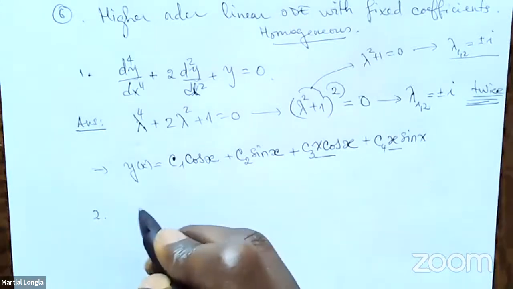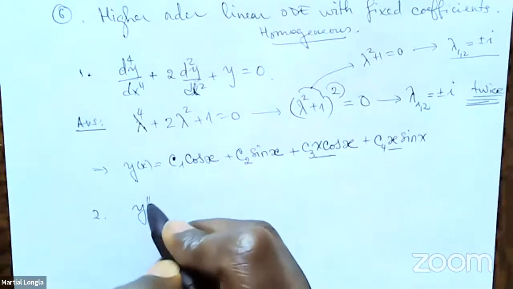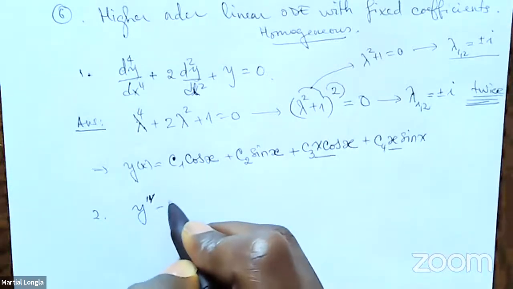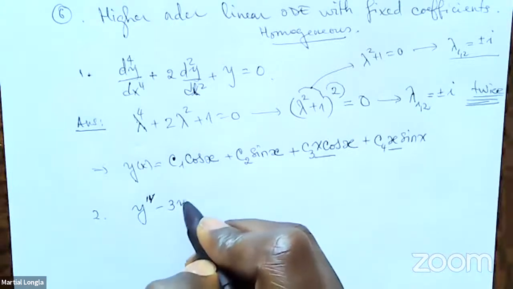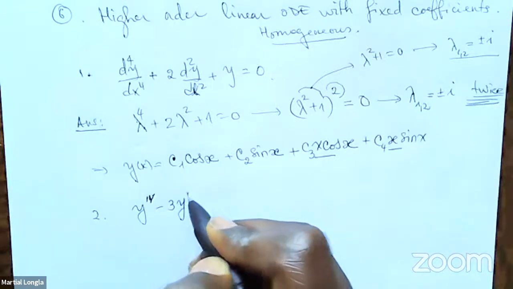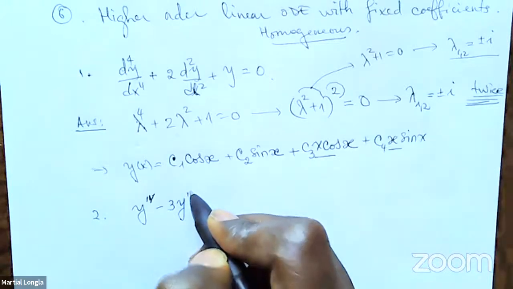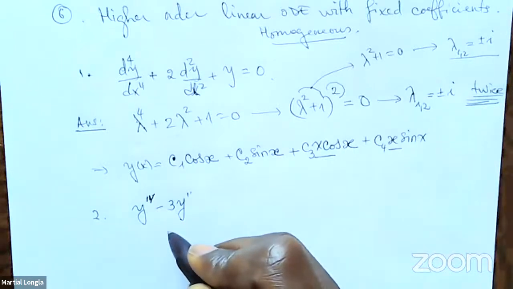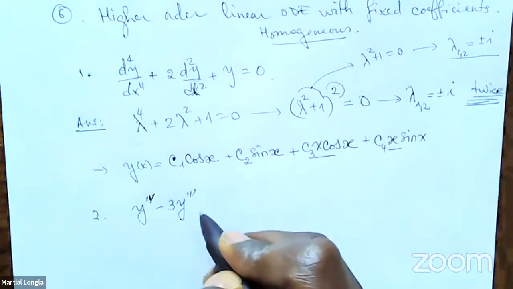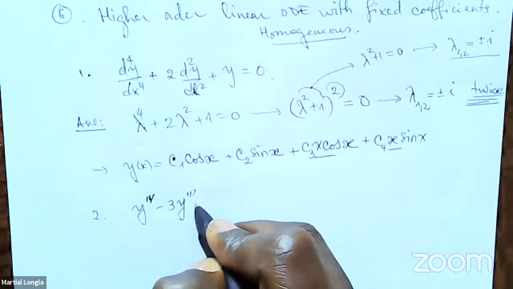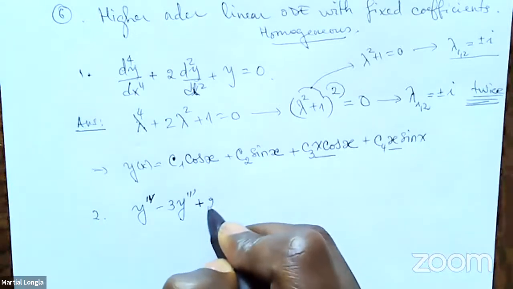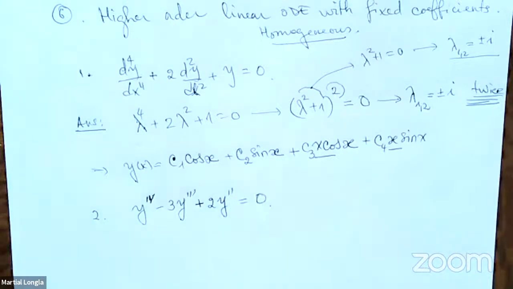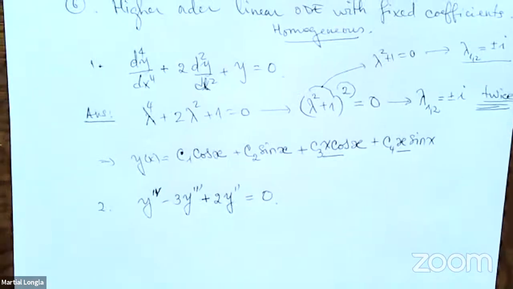All right, that's how we do it. Let's see, I get the other one. Now assume we have this equation.